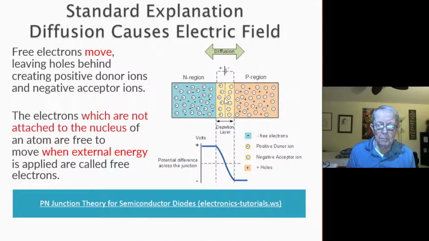But so it builds up these positive donor ions here and negative acceptor ions there, creating a depletion layer. And that depletion layer, because you got minus here and you got plus here, creates a voltage. And these things, it just happens.